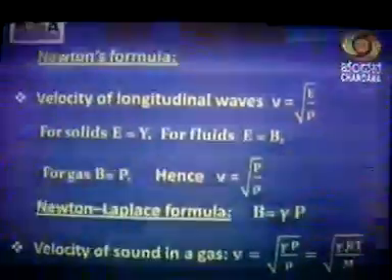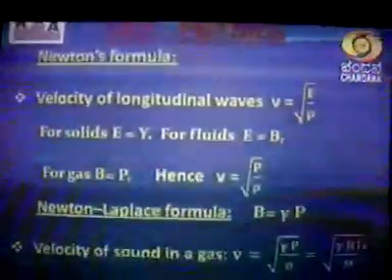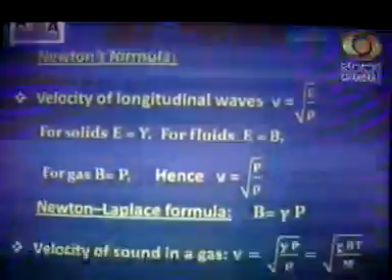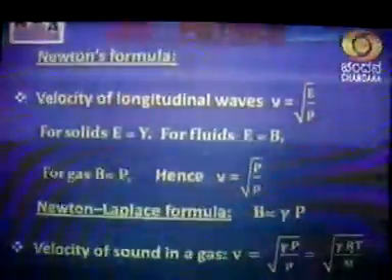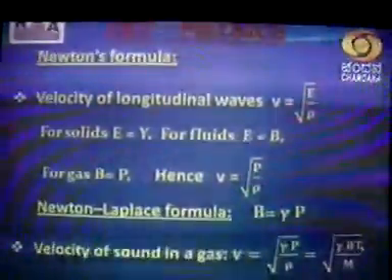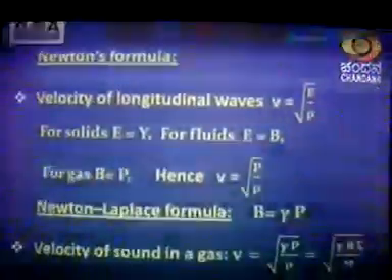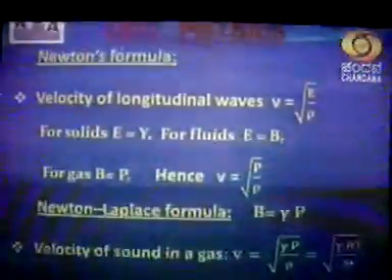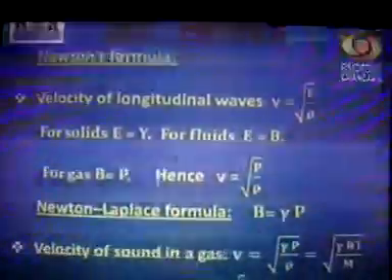It is equal to root of gamma RT by M, where gamma is the ratio of specific heats, R is the universal gas constant, T is the temperature expressed in Kelvin, and M is the molecular weight of the gas.